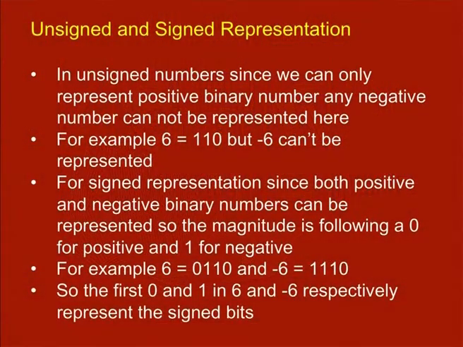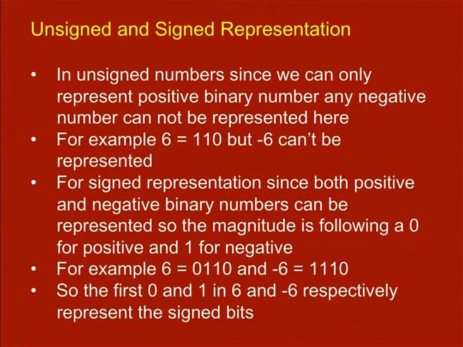Unsigned and signed representation. Let us discuss them a little bit in detail. Since we can only represent positive binary numbers in unsigned representation, any negative number cannot be represented by the unsigned representation.